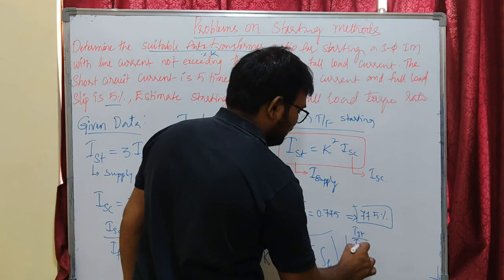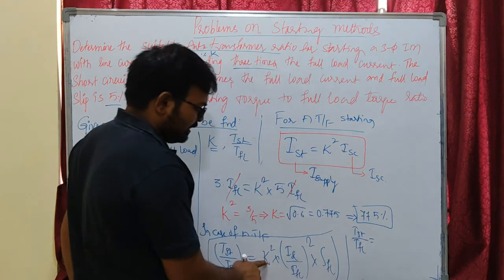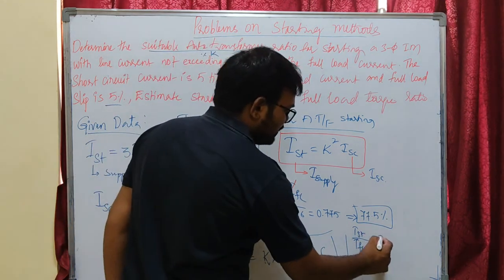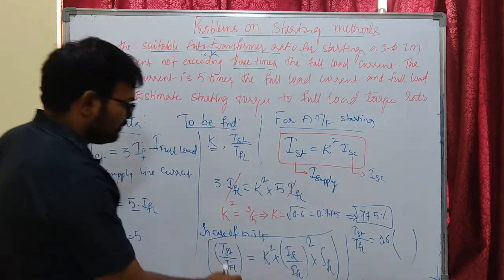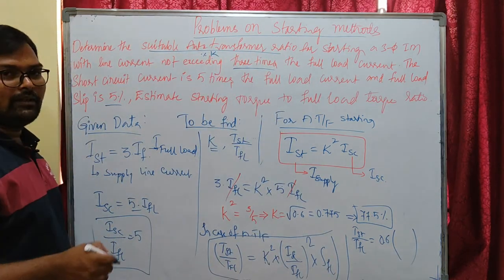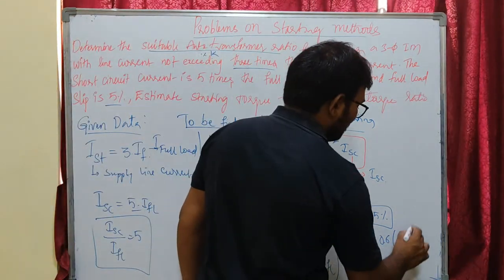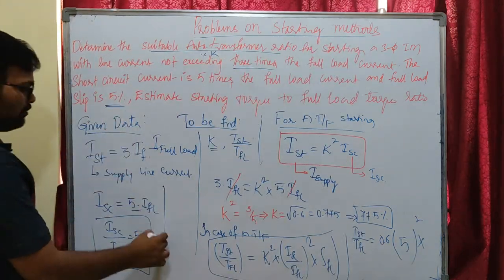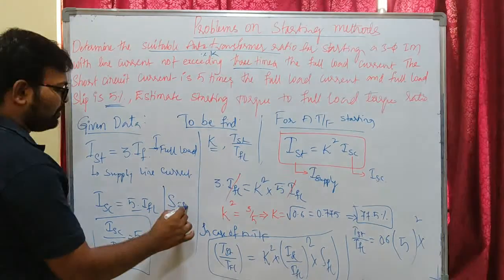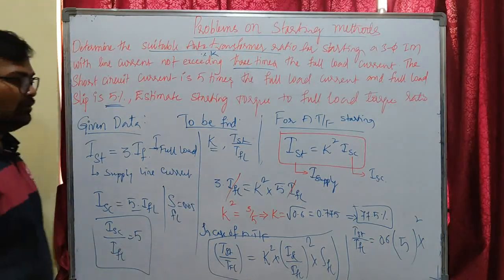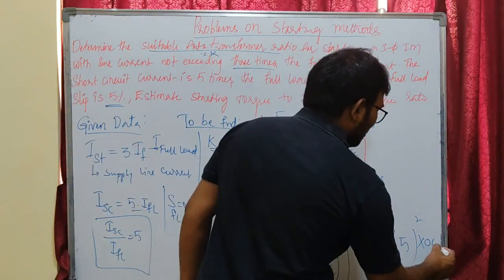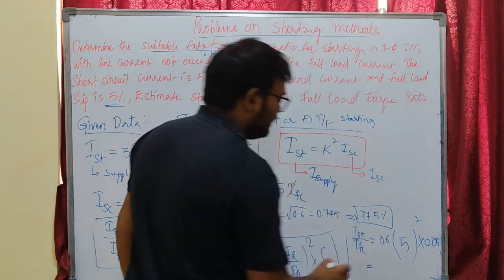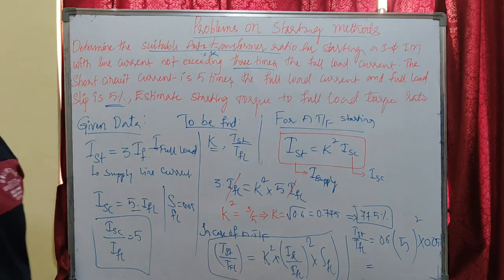K square is 0.6 here, my ISC by IFL ratio is 5 as given in the question, that is 5 square, and the full load slip is 5%. I forgot to mention it: SFL is 0.05. Substituting the values, the ratio will be equal to 0.75.